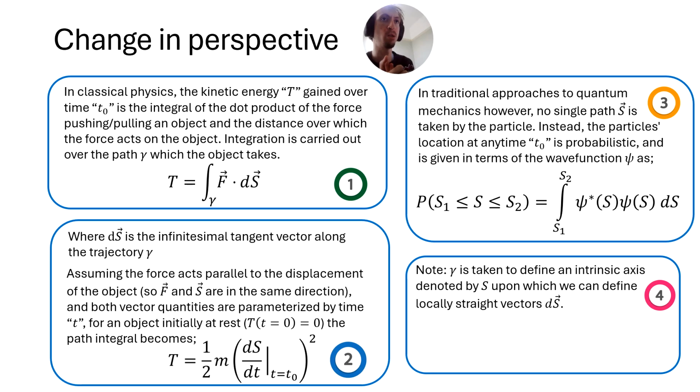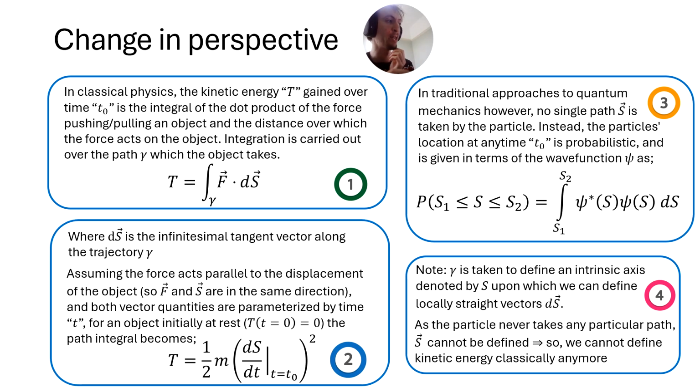And that's because locally, if you lived on the curve gamma, the curve gamma would appear straight, or at least there would be no way of telling that you were living on a non-straight curve, unless you were able to look at that curve from the perspective of a 2D or higher dimensional space.